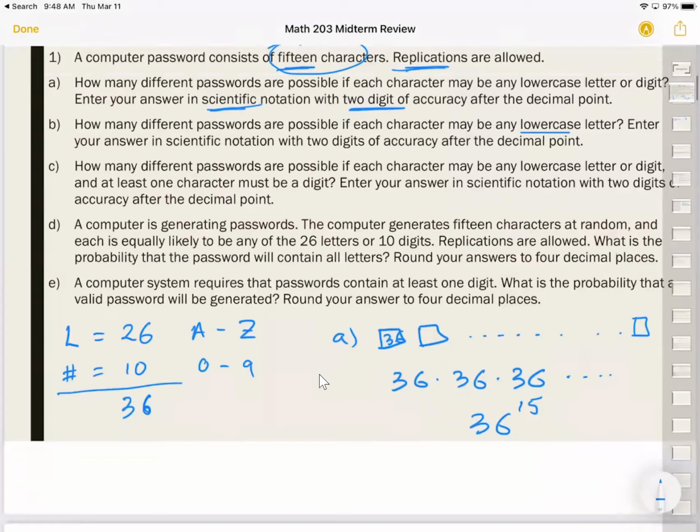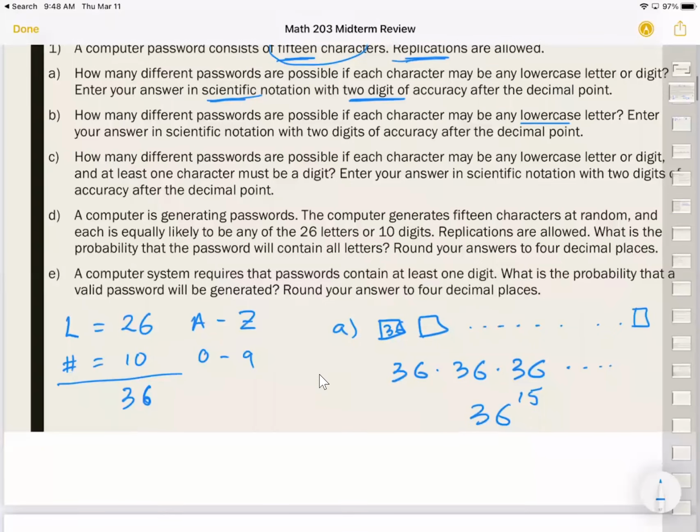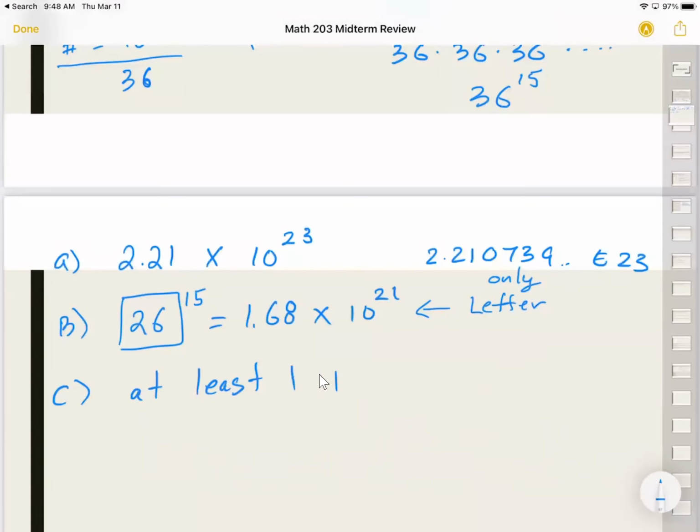For C, we need to have at least one digit, meaning your password has got to have at least one number. So you have to have Johnson1, Johnson2, or something in that nature, right? So if you have to have at least one, how do we find the number of passwords that include at least one of them? To do this, what happened with B?